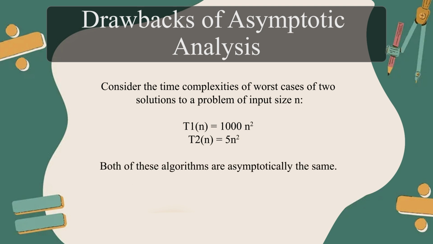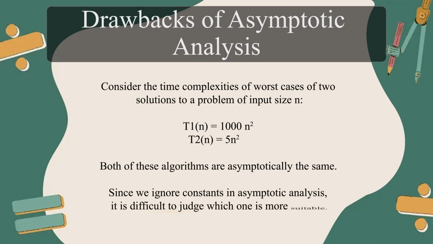Both of these algorithms are asymptotically the same, because as n moves towards infinity we call both of order n square, and we forget the constants 1000 and 5. Since we ignore the constants in asymptotic analysis, it is difficult to judge which one is more suitable under what circumstances.